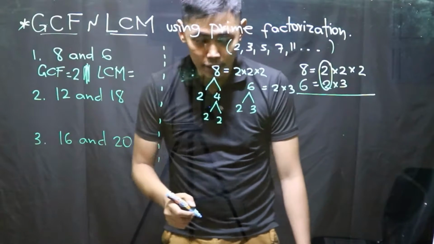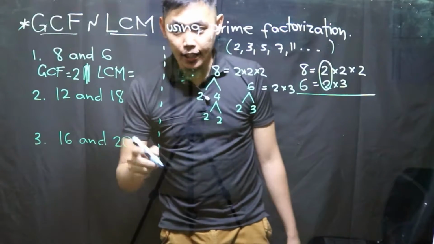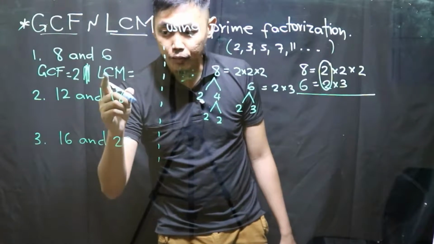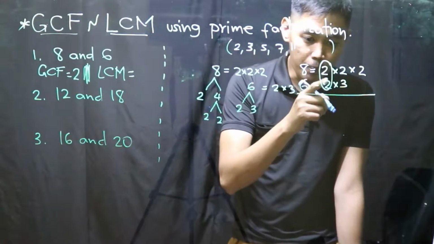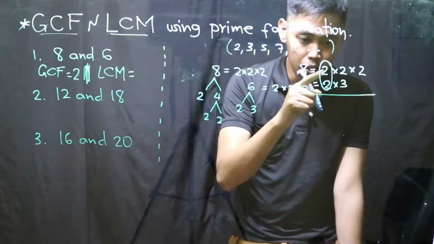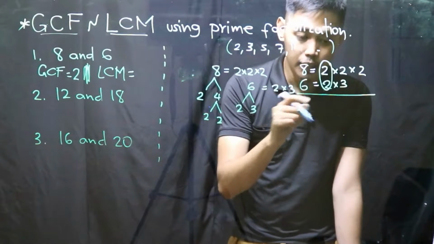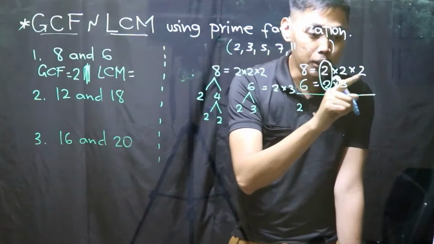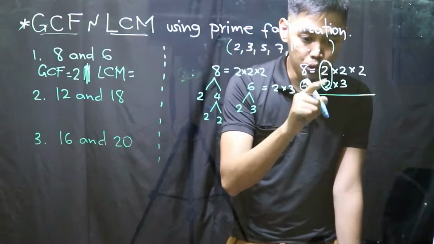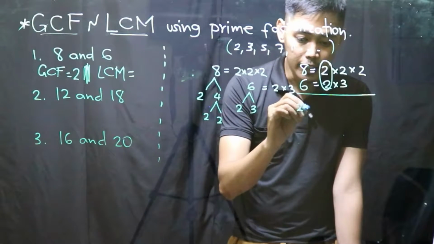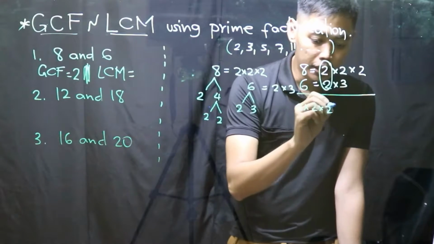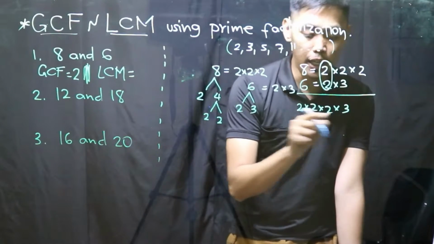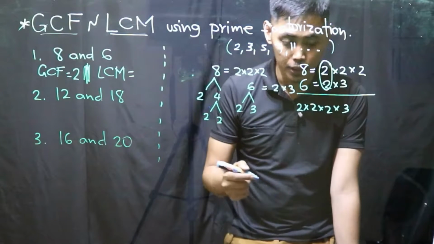Alright? Understand? Alright. And then, if you are looking for the least common multiple, what you will need to do is take the common factor as one, so this is 2. Right? And then, multiply everything. So, this is 2, times the other 2 times 2, then multiply 3. The answer is the least common multiple of the two.